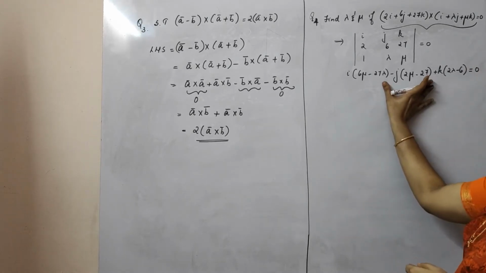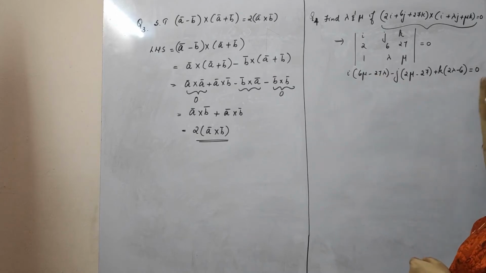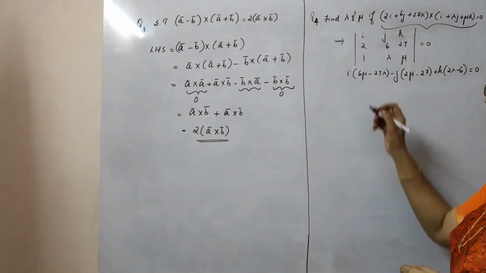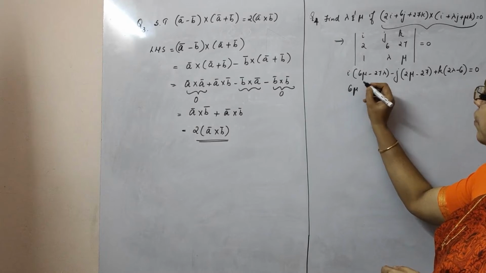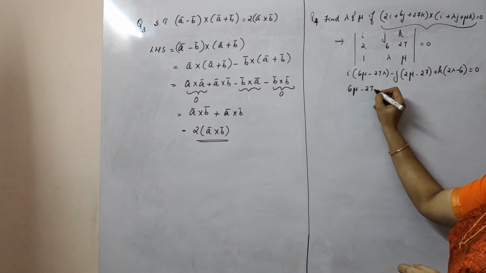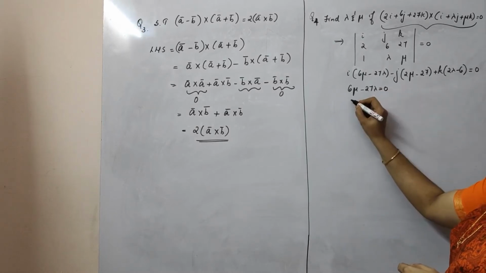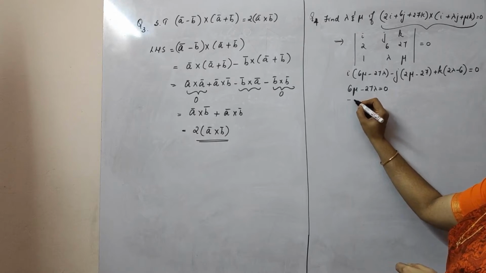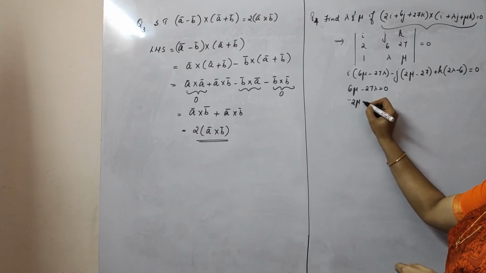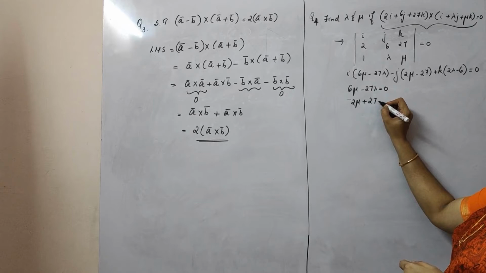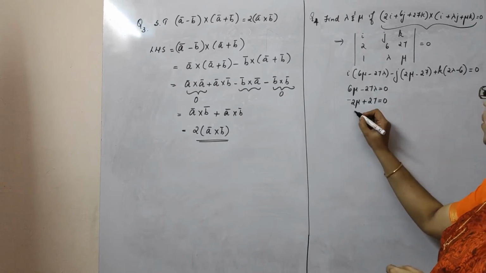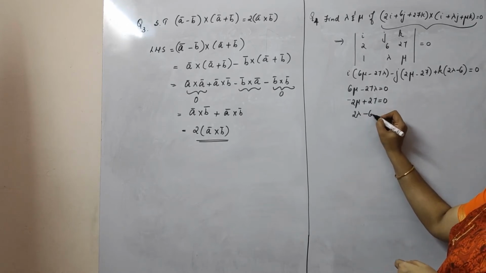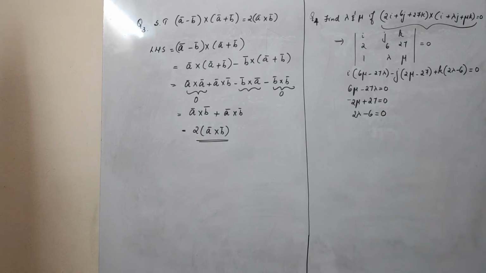Now this is i, j, k, this is a vector. Definitely the right hand side is also a vector, right? Now equating the components on both sides, I get this is equal to 0, then minus 2 mu plus 27 is equal to 0, and 2 lambda minus 6 is equal to 0. So I get the values in this form.